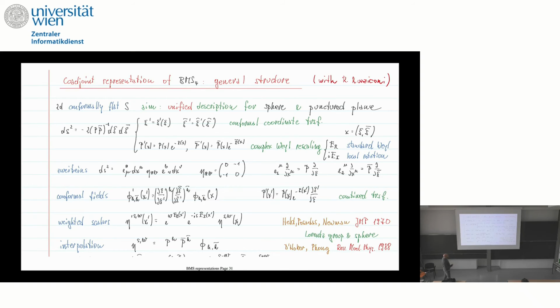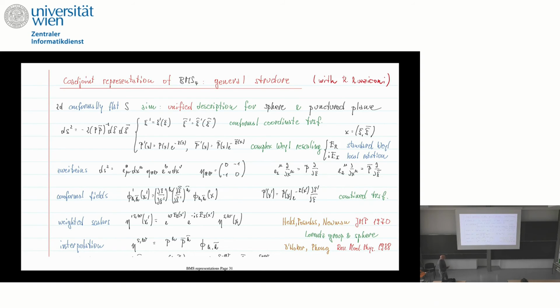And then there's always two ways to talk about conformal fields. Either you talk about the conformal fields with these indices, or you can soldier all your indices into, if you want, the target space, and then, as in the Newman-Penrose, you're only talking about scalars. But these scalars have some weights.